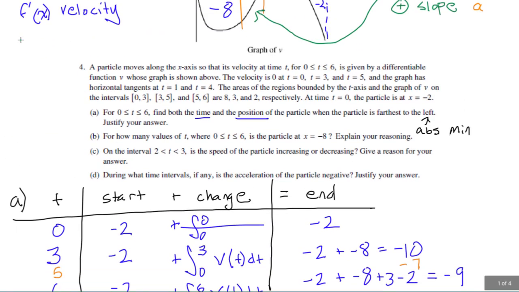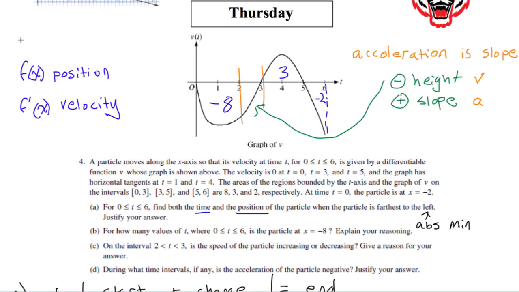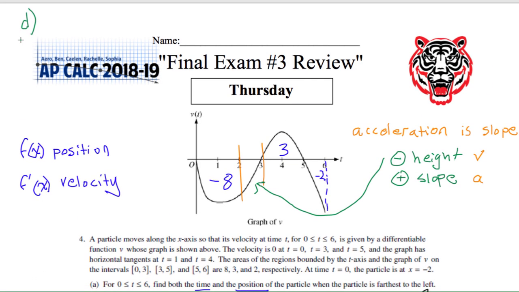So during what time intervals, if any, is the acceleration negative? Well, that's pretty straightforward. Where is it negative? Negative where it has negative slope. So where do I have negative slope? I would say it ends right there, and from here to here. So I have negative slope between 0 and 1, and between 4 and 6.